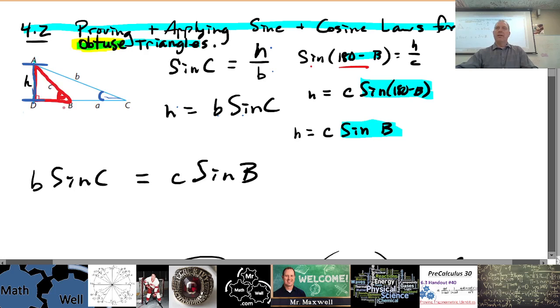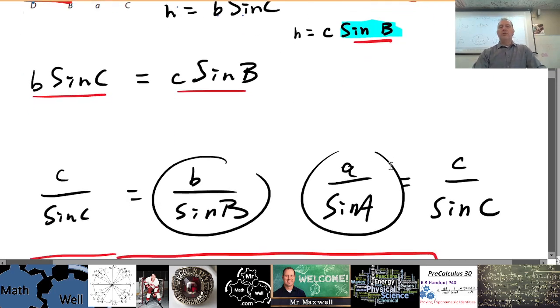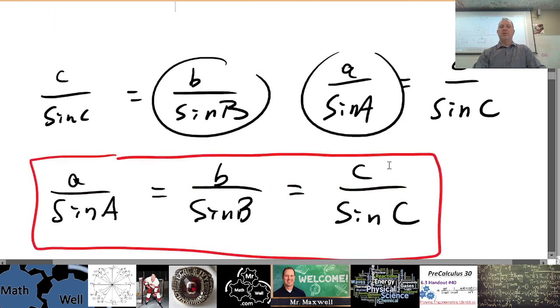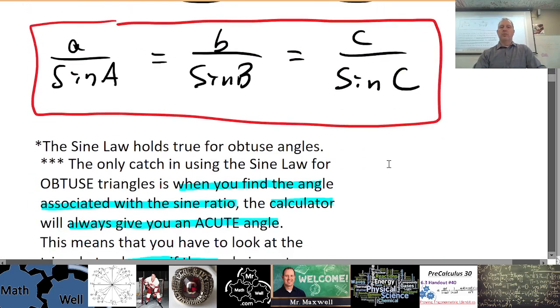So that's 180 minus B. Now, because these are the same, then what happens is we get the same equation that we got when we were proving the sine law for an acute triangle, which means that even for obtuse triangles, the sine law still holds true. Okay, so that was just a brief little explanation of how we got that.